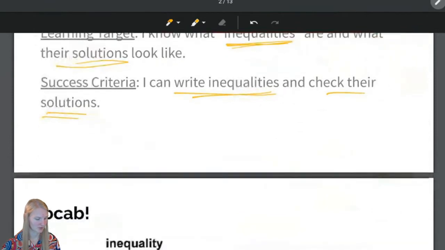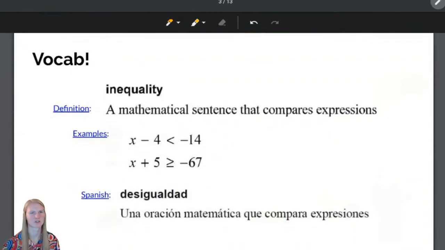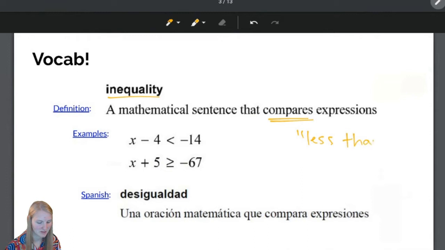So let's move on to the vocab words. We talked about inequalities, but we need to know what an inequality is. An inequality is a mathematical sentence that compares expressions. When we say compares, we mean things like less than, or, like we saw in the entry task, no more than.